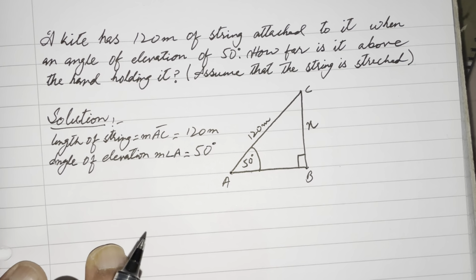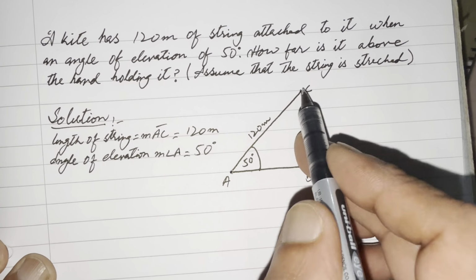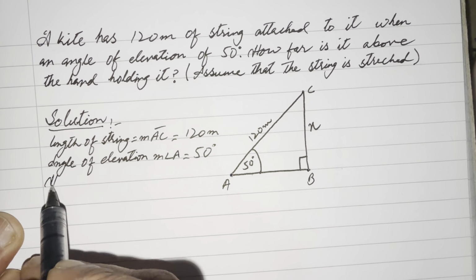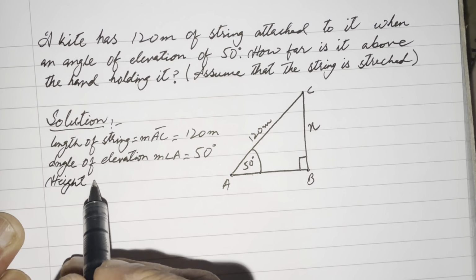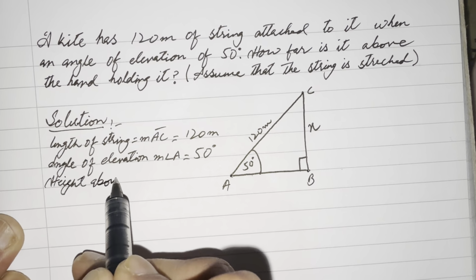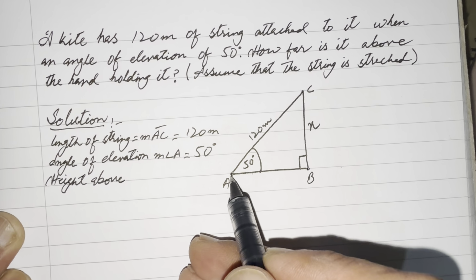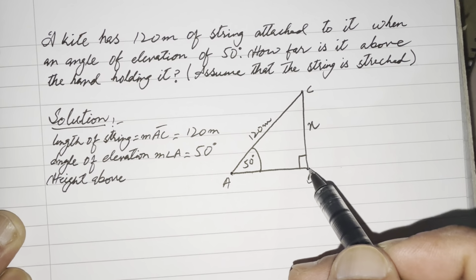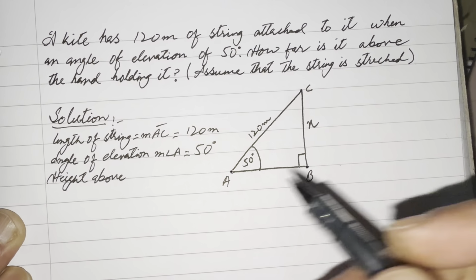And what we have to find is the height above the point B to C, where the string is held at the ground level, to the kite.